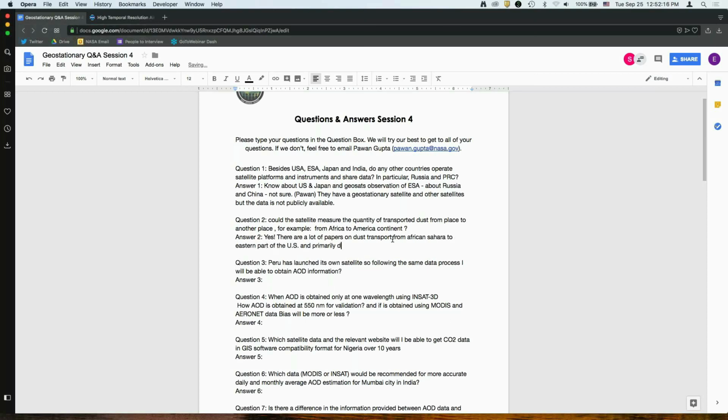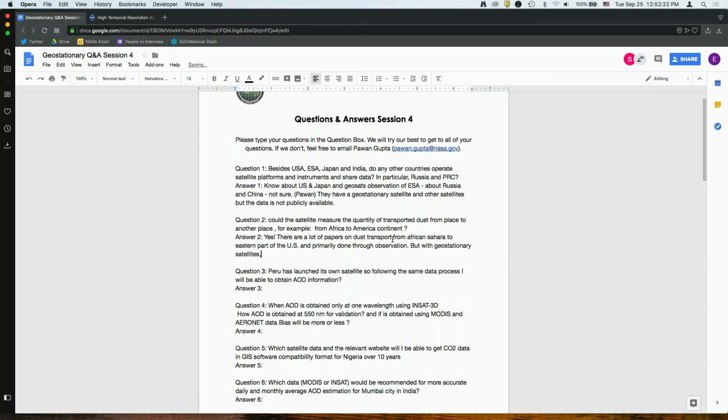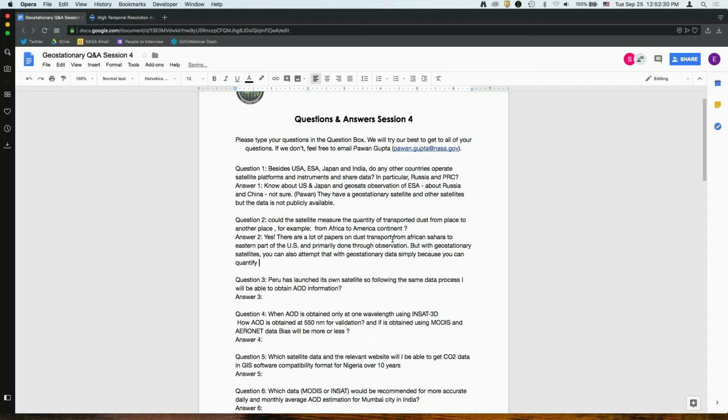But now you have certain geostationary satellites also over this region, so that can also be attempted simply because you can quantify the aerosol observations, and then the spatial distribution can be estimated from the satellite data sets.